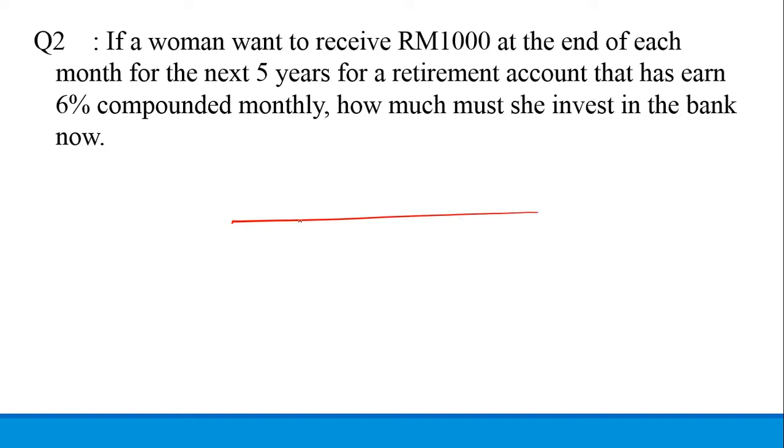Let's say for this case, you have A, you have S. You want to earn 1,000 at the end of each month, for the next 5 years.